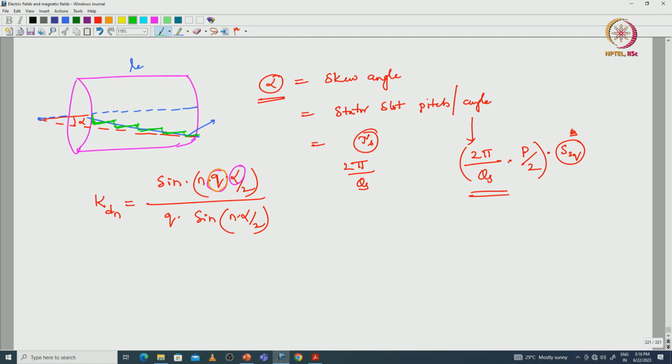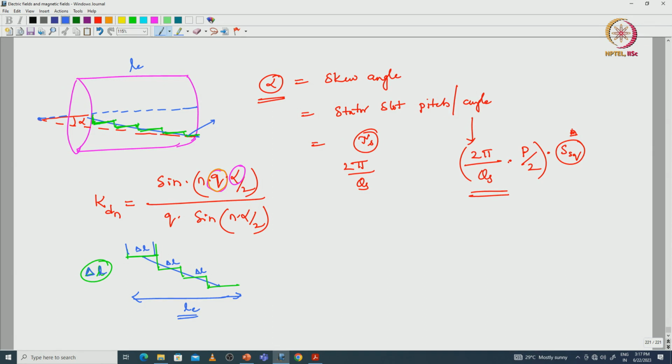It is a combination of small straight bars that length is delta L. The skewed bar, I am considering small straight elements in this fashion. This is the small portion of the straight bar delta L, like delta L and so on. Together it will give the total length of the core LE.